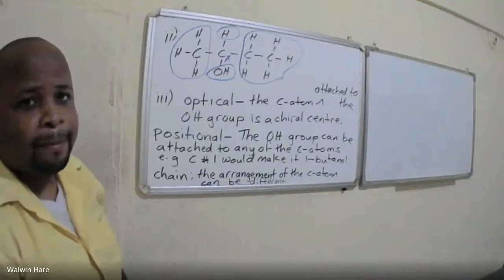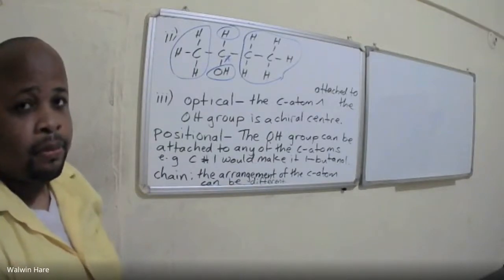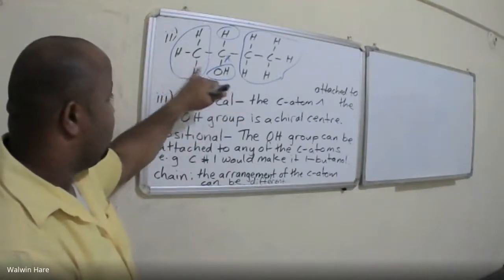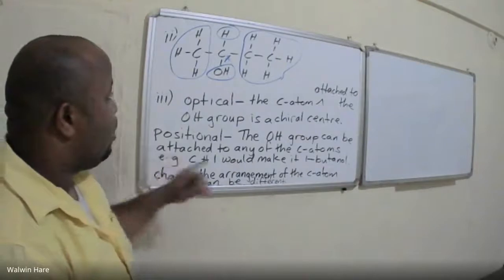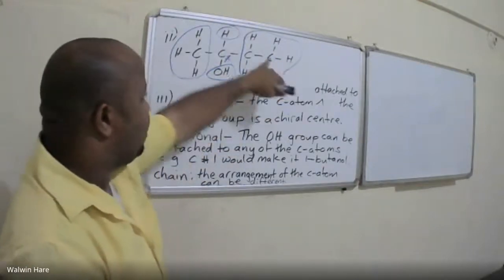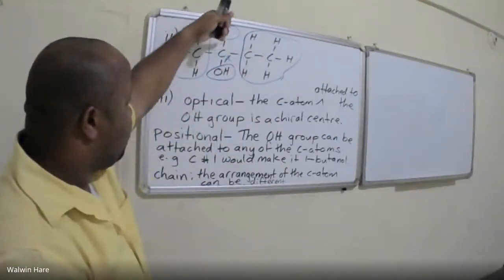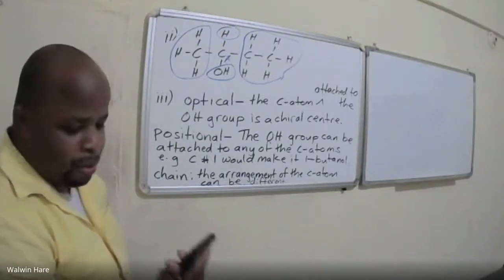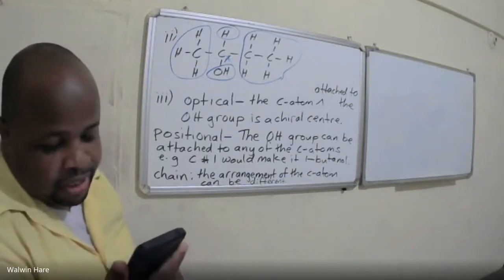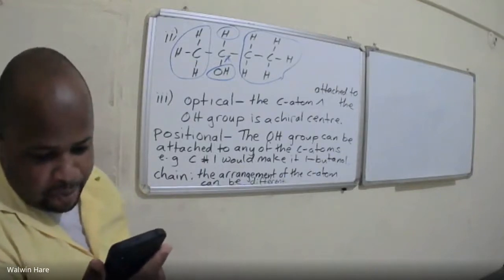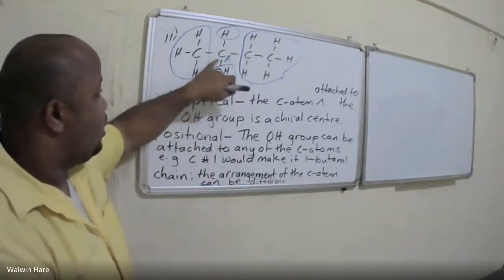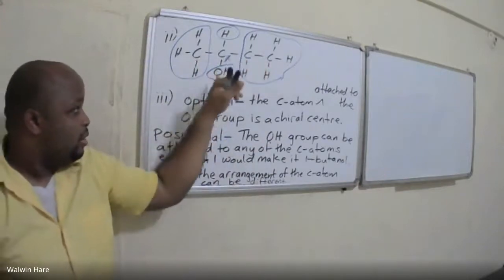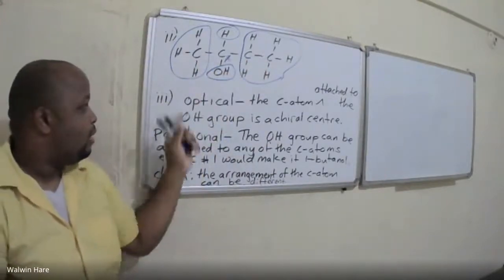You understand? We could change the structure to get 1-butanol, which would give us positional, or move the methyl group to the middle to get 2-methyl-2-propanol. But the way the question is phrased, it has a chiral center, so it is expected to show optical.